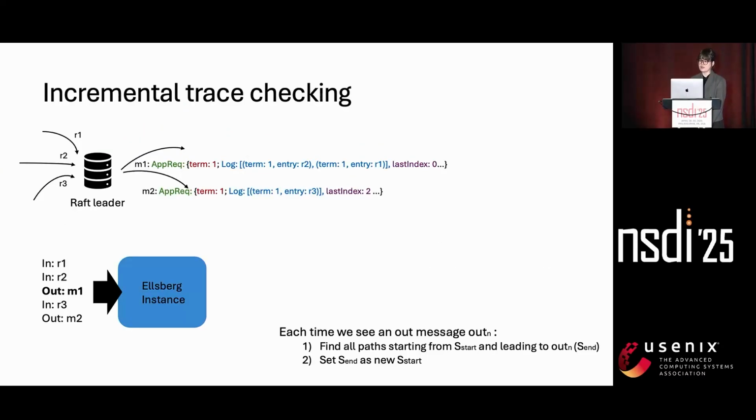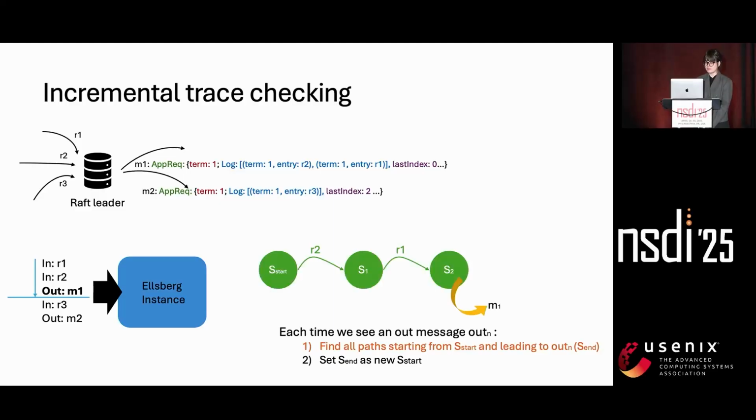So taking the Raft example just mentioned, in the first step, when we encounter the first message sent, which is M1 here, we need to find all the paths that can reach M1. After enumerating all paths, we find only the path R2 to R1 satisfies the requirement for sending M1.